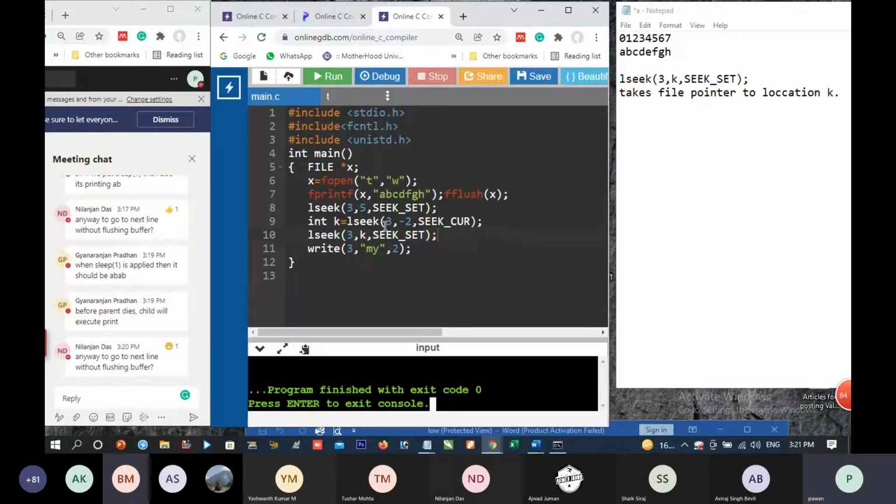Now observe the output of this program. I am making a little bit more changes. Observe the output of this program.